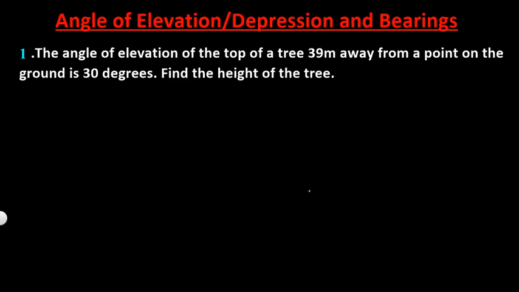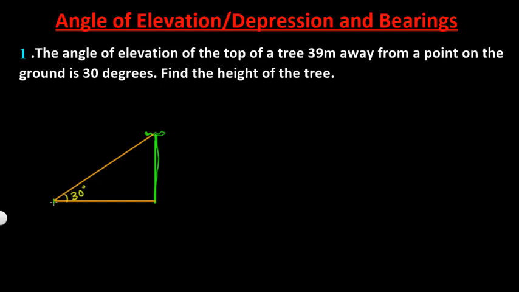If we are to sketch this, if this is a tree and there is a point on the ground, both on the ground, and we connect them, normally the ground level is this way, and the angle of elevation made from that point to the top of the tree is given. The angle of elevation is 30 degrees.